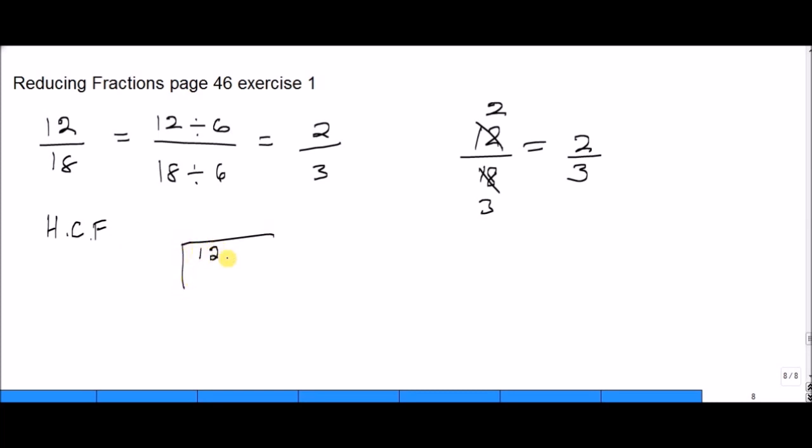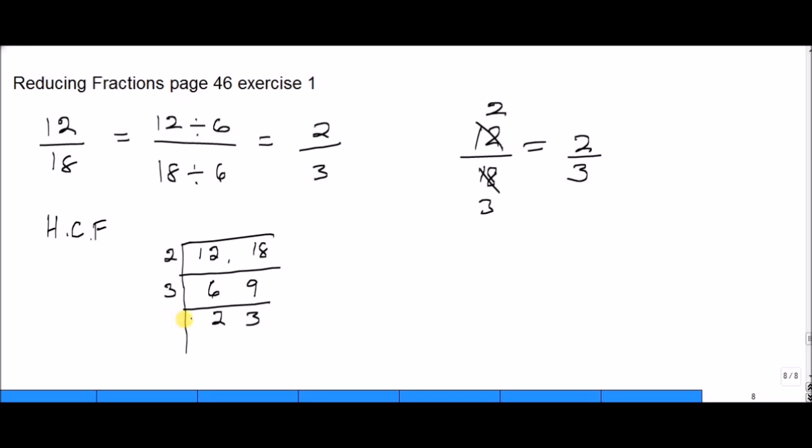We put our numbers down, 12 and 18, and we would try to see what number can go into both. Okay, 2 can go into both of these. 2 could go in 6 times, and 2 could go into this 9 times. 3 could go into this. Yes. 3 could go into 6 2 times, and 3 could go into 9 3 times.